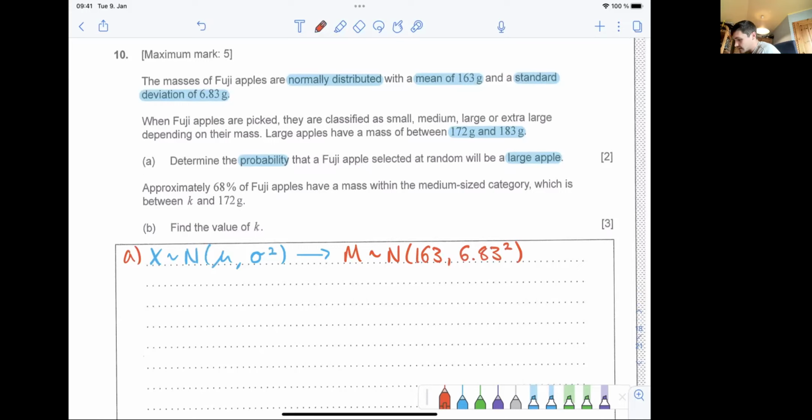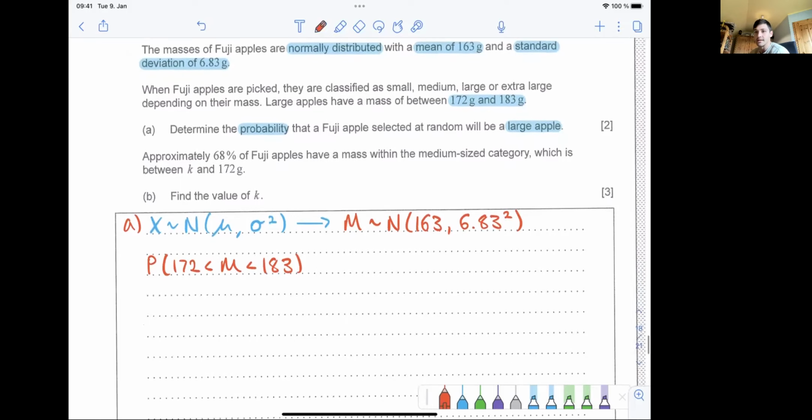Okay, and so we have to find the probability that M is between 172 and 183. A good hint for these questions is to draw yourself a little sketch of a normal distribution, a bell curve, so you can visually see the probability that you're trying to find. Here I've got this one. It's not perfect, but it doesn't have to be, even in your exam.